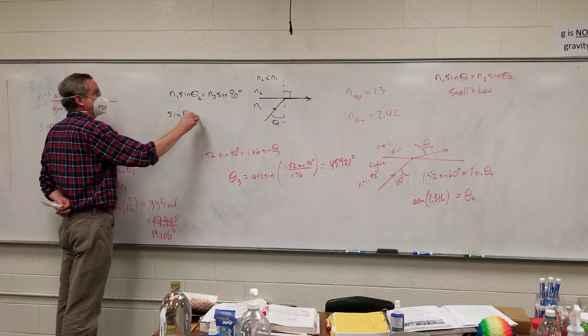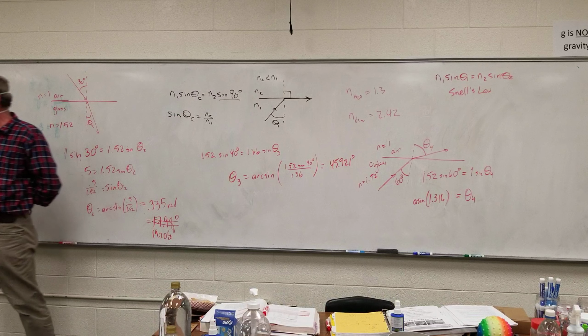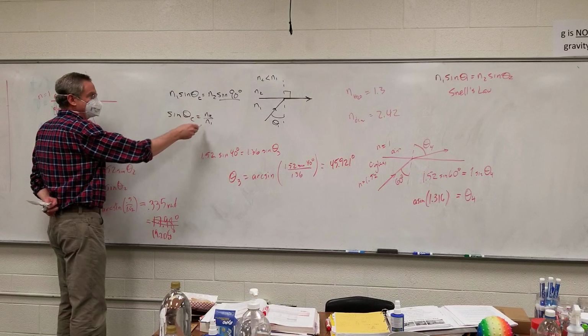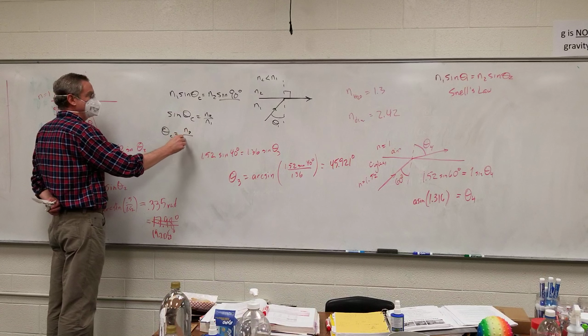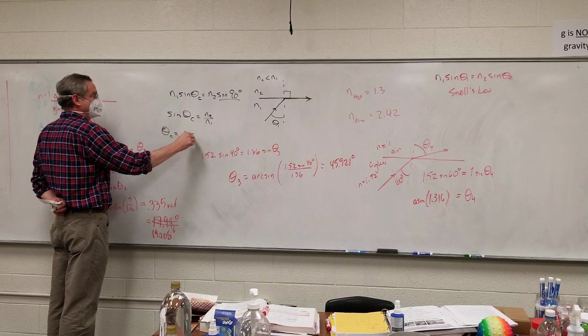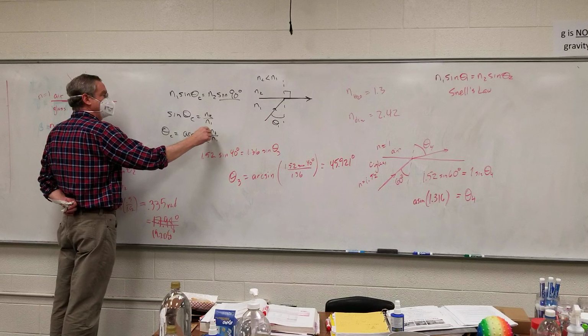Sine of theta sub c is N2 over N1, since the sine of 90 degrees is 1. And so my critical angle is the arc sine of N2 over N1.